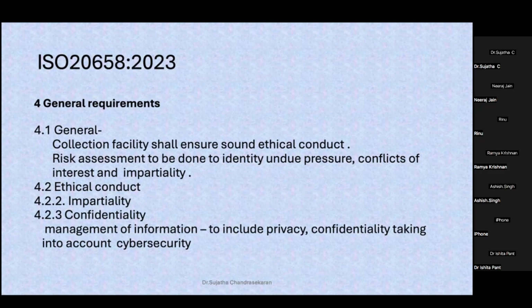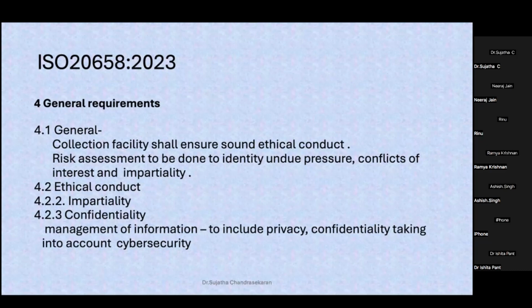Without that, if the sample collection facility or the testing lab decides on its own, even in a testing lab, they might decide that for these insurance patients we will do tests which are a little cheaper, or if they are self-paying, then we will do the other. These practices are seen. So it has to list out the practices and say how impartiality is not flouted.